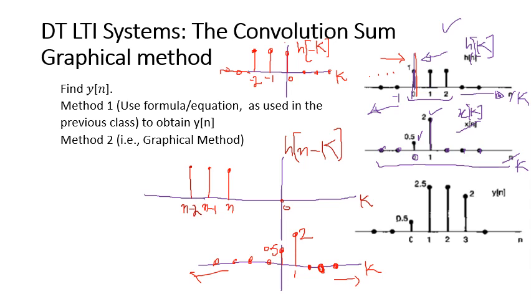The other signal is non-zero, but if we multiply two quantities and one of them is 0, the result will be 0. So because this is y of n, we can say y of n equals 0, and it will stay 0 for all values of n when n is less than 0, right?